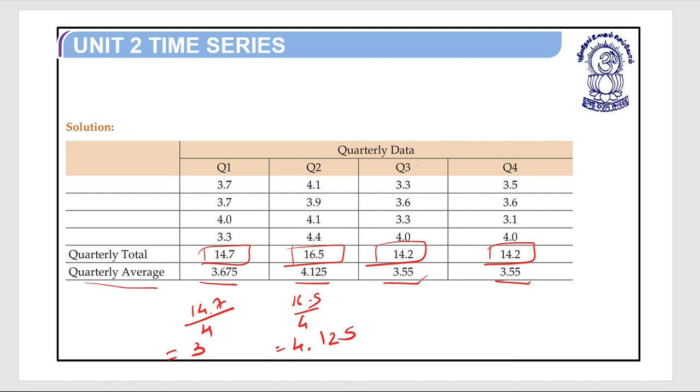So 14.7 divided by 4, 4 threes are 12. The averages are 3.675, 4.125, 3.55. So 14.2 divided by 4 is 3.55.